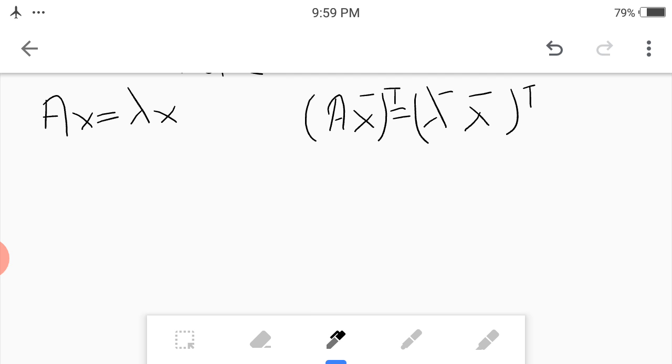We already know (AB) transpose will yield B transpose A transpose. So here we get x bar transpose A transpose equals lambda bar x bar transpose, since lambda bar is a scalar value and the transpose of a scalar remains unchanged. So you can write it like this.